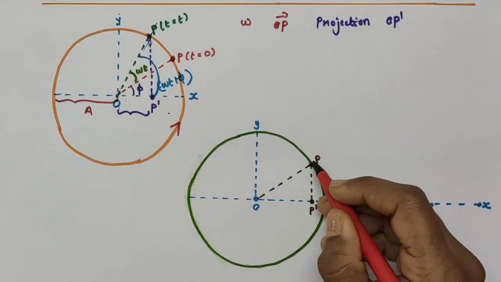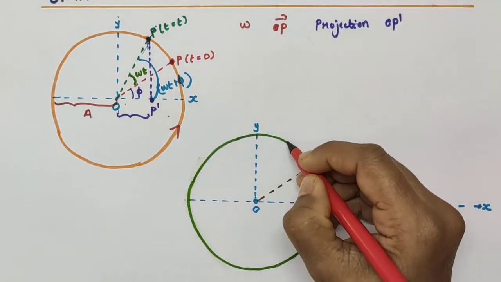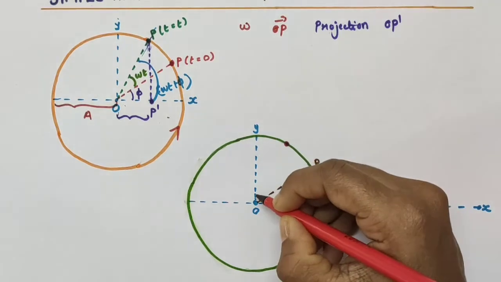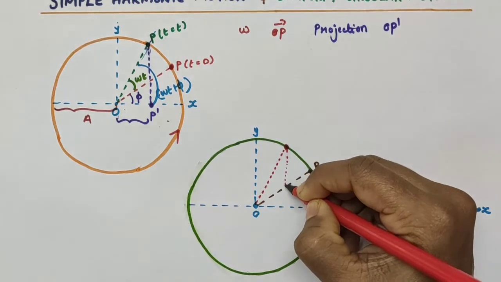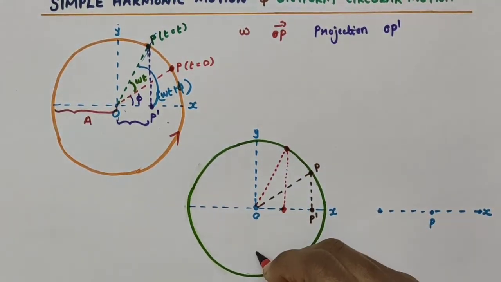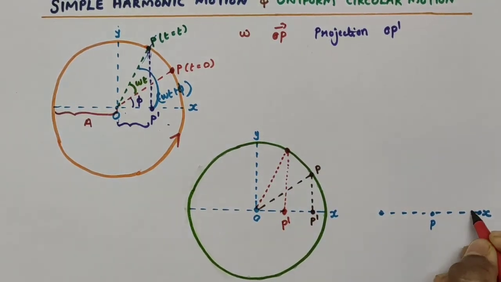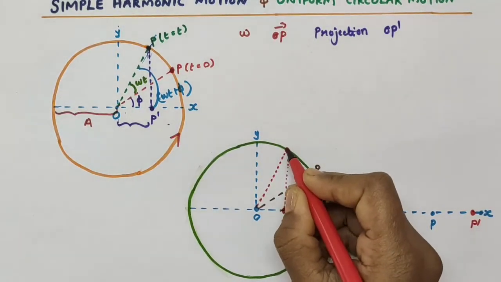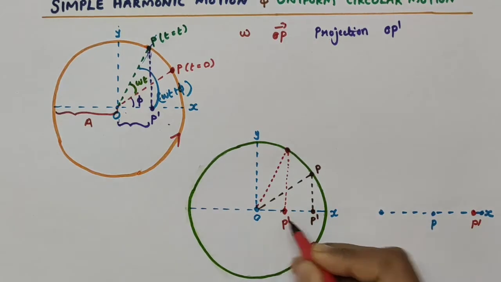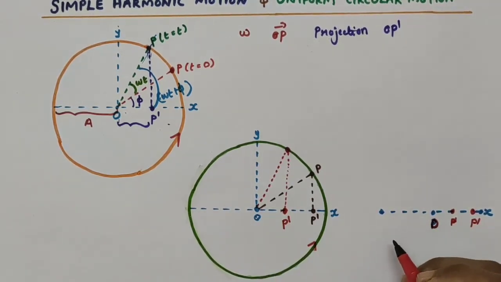Now when this particle moves to this point somewhere here, this would be the position vector and the projection P dash would be somewhere here. Initially, the projection was here. Now, when the particle moves in the anti-clockwise direction and after some time reaches somewhere here, its projection has moved to this point, which is closer to this point O.